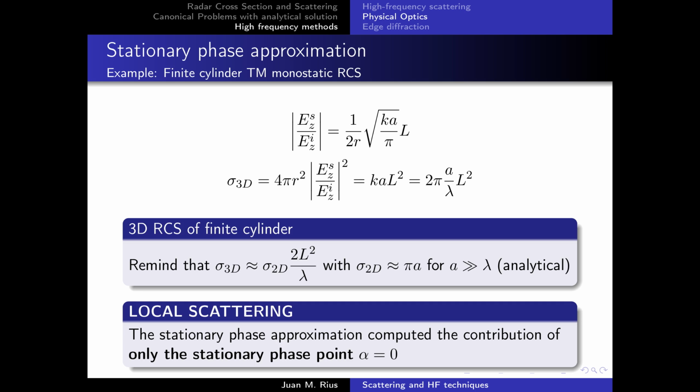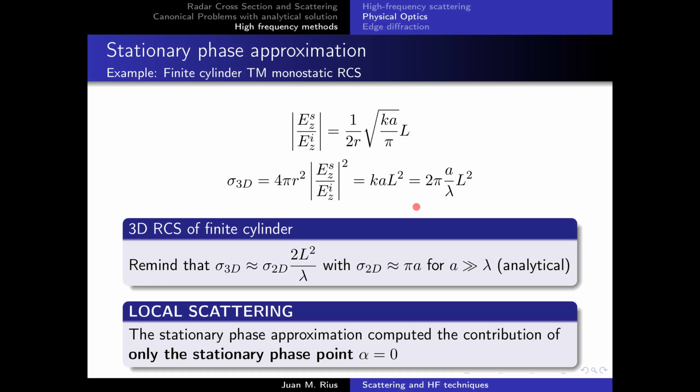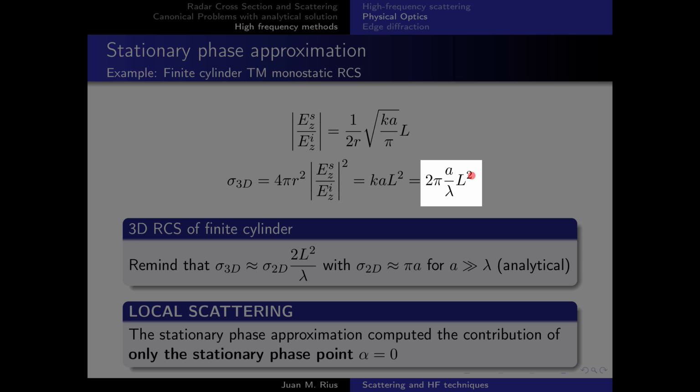Then doing a high frequency limit in this analytical result, we obtain pi a for the two-dimensional RCS, which is exact in the very high frequency limit. And then using this approximate formula, we obtain exactly the same as from the physical optics integral.